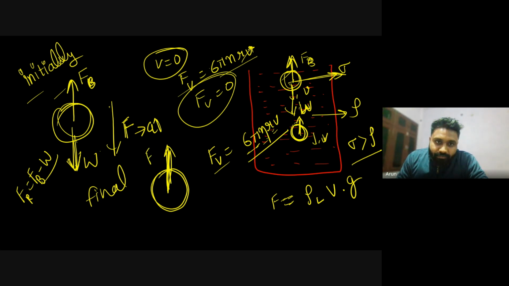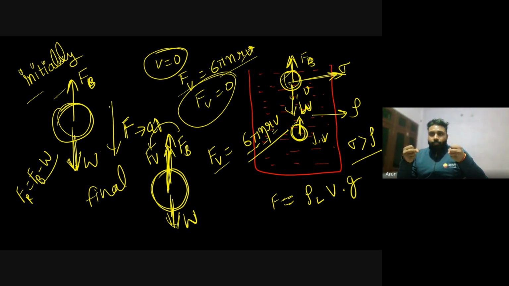So this is Fv, and one more force, buoyant force, will also be there. इसी का भाई आ गया साथ में. Now they both will act upward and the weight is acting downward. So this buoyant force and this viscous force try to pull this ball up and the weight will pull it down.